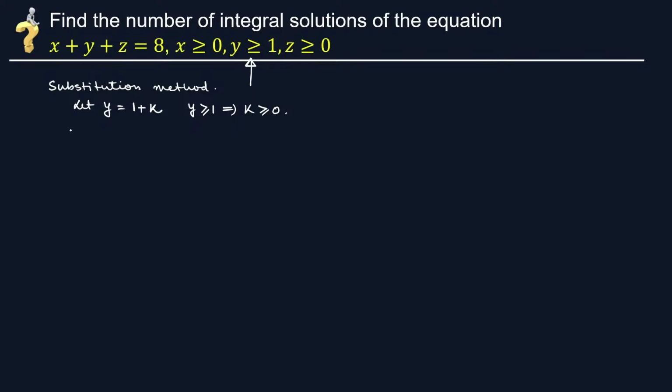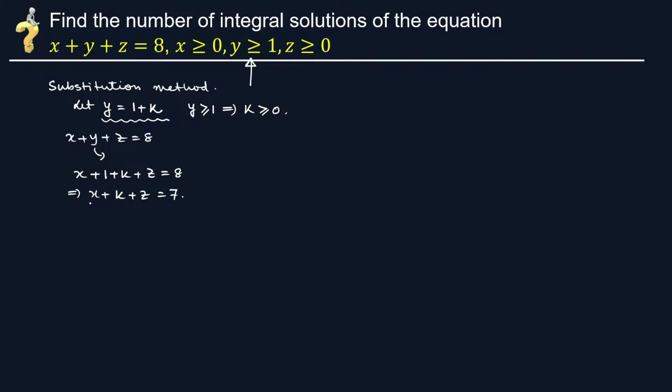So this equation, which is given to us as x plus y plus z equals 8, I can rewrite by replacing y using this substitution. So I can write x plus 1 plus k plus z equals 8, which says that x plus k plus z is 7.